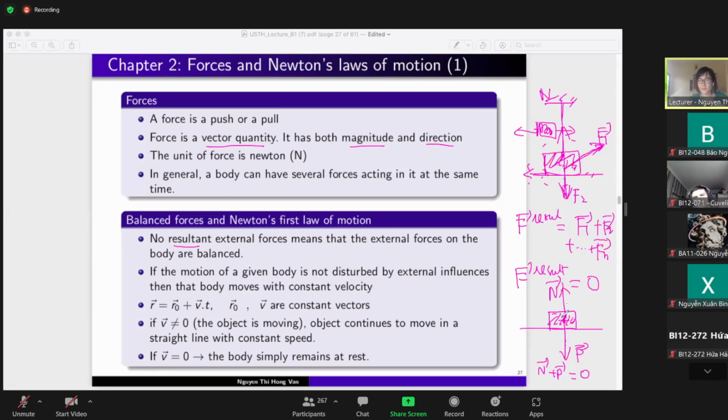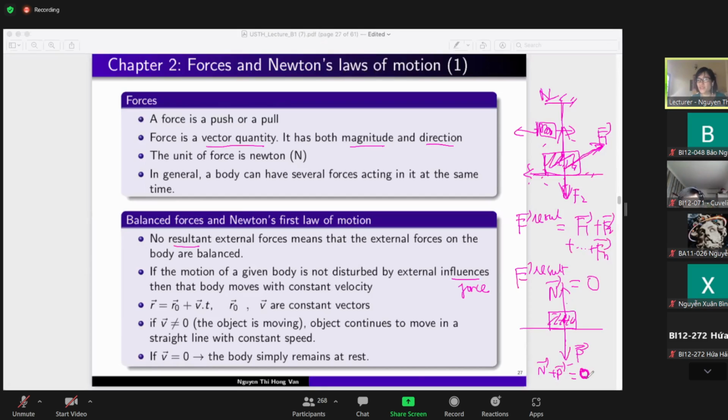Okay. And then the first law of Newton says that if the motion of the body is not disturbed by external influence, by a force, then the body moves with a constant velocity. So if it's acted on by these 2 forces and they are balanced, or the external force is 0, right?